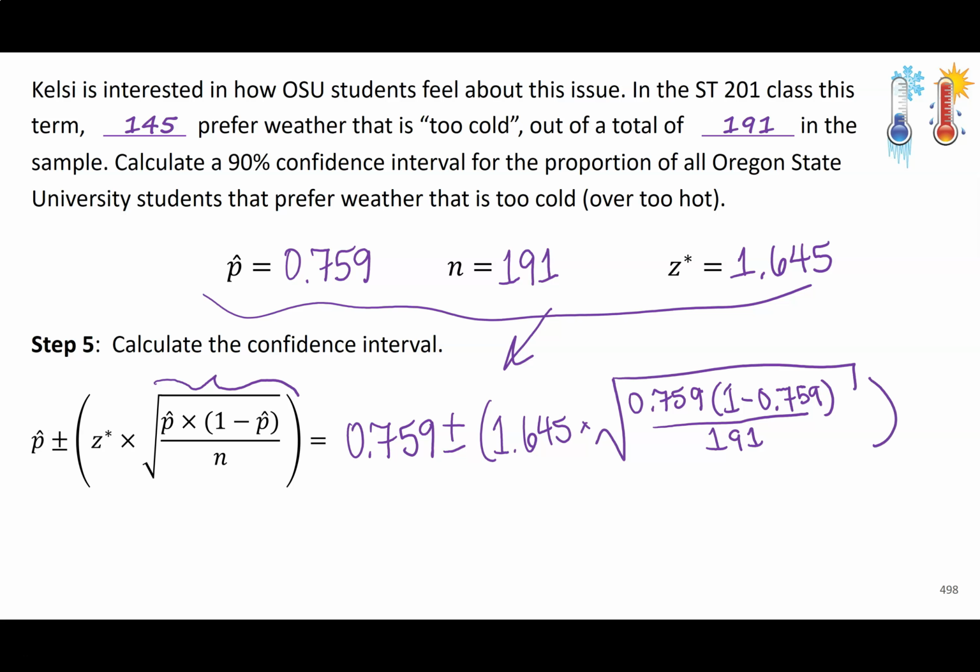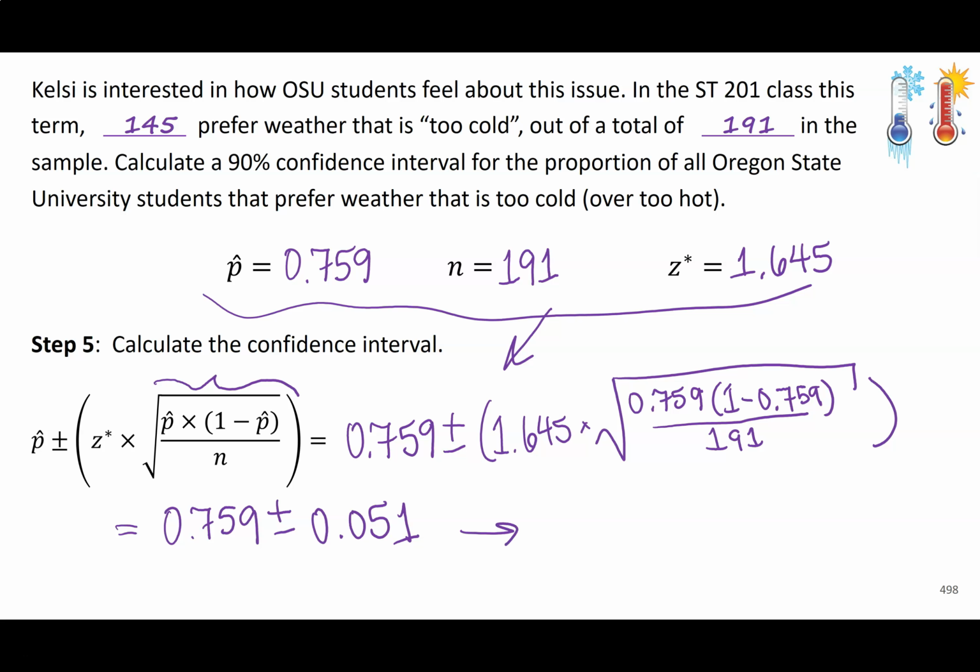Plug that in, and I'm going to get 0.759 plus or minus, I'm going to do steps here, 0.051. I'm just going to round to 3 places.